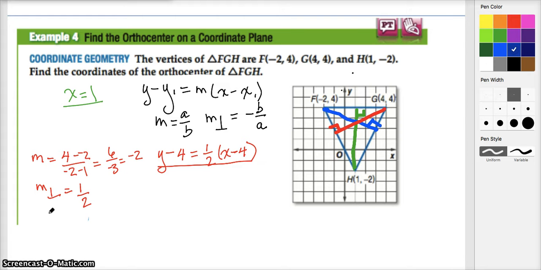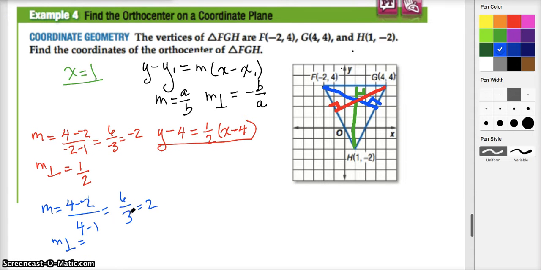Now let's check out this blue one. The blue line is perpendicular to this segment here. So I've got to first find that slope, change in y over change in x. So I have 4 minus negative 2 over 4 minus 1. When I calculate that, I have 6 over 3, which gives me a positive 2. Therefore, the slope of the line that's perpendicular to it is going to be negative: change the sign and take the reciprocal.